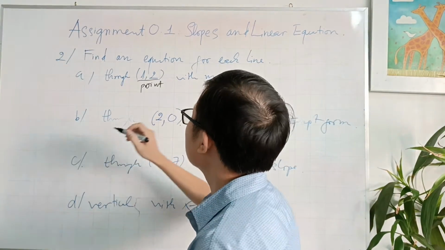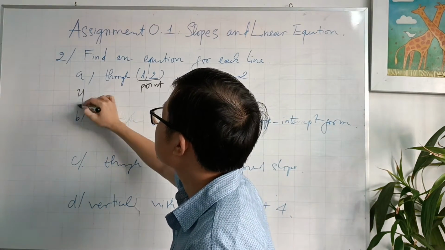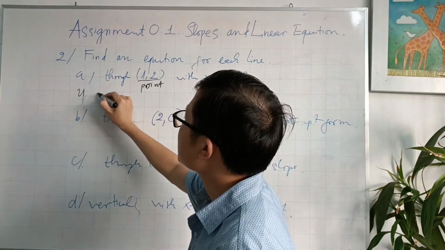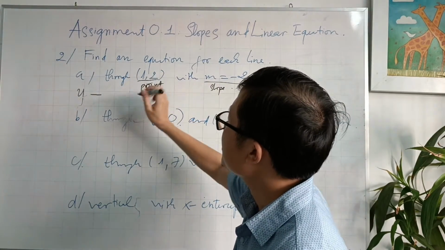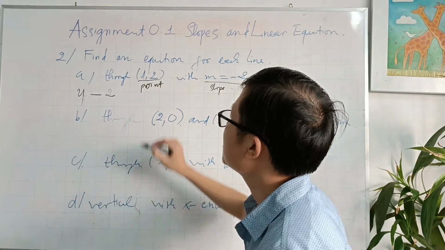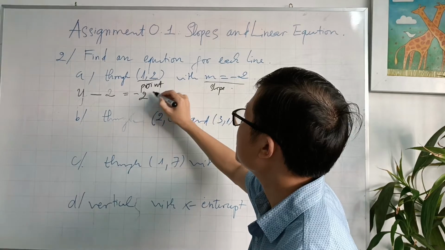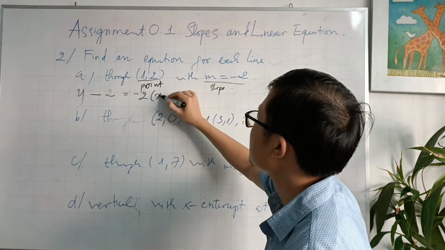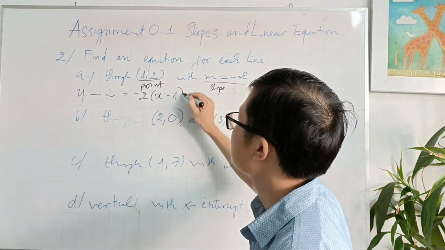So we can write y minus y0, where y0 is 2, equals -2 times (x minus x0), where x0 is 1.